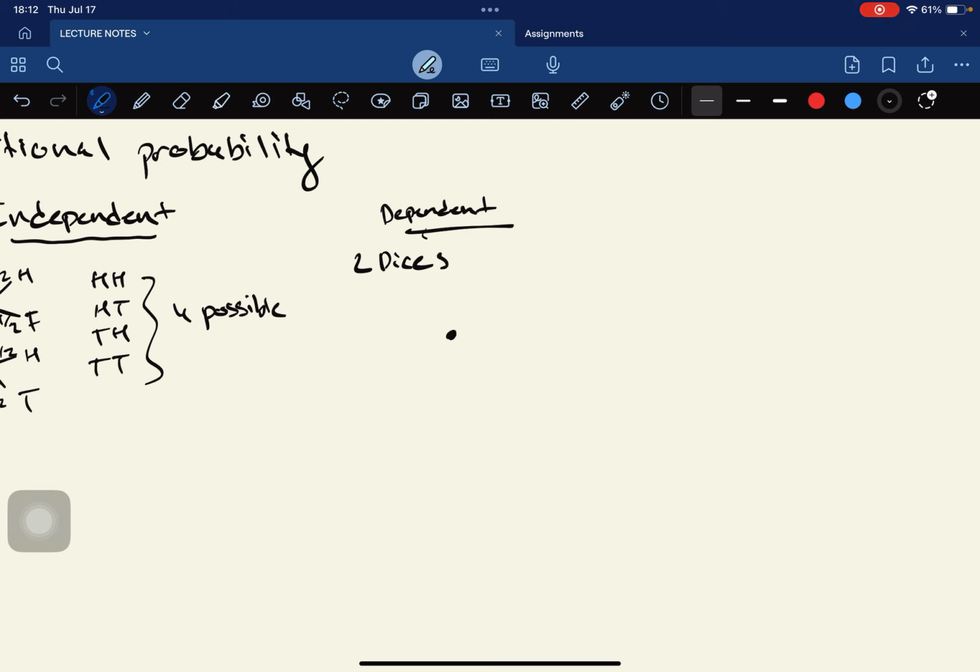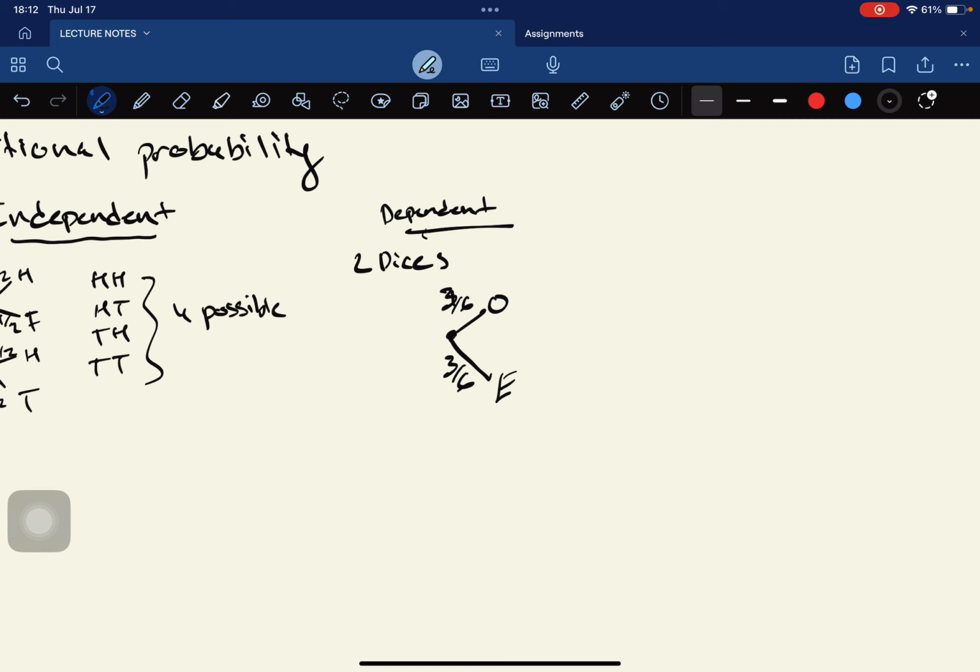So if you roll the dice, the outcome would be either odd or even. So there's a 3 out of 6 chance, which is also one half, right? And after you roll the odds, you have 3 outcomes of odds.